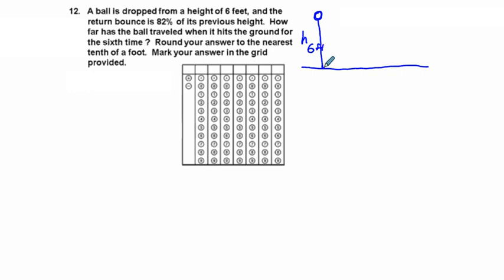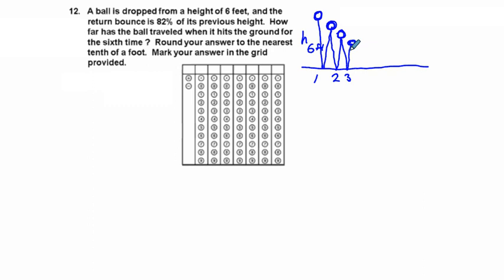And then the ball bounces. I'm going to draw this off to the side just because it enables me to do that. Then the ball is going to come down and bounce again and return to less of that height. And so you have one bounce, two bounces, then three bounces, and we had to hit the ground for the 6th time.